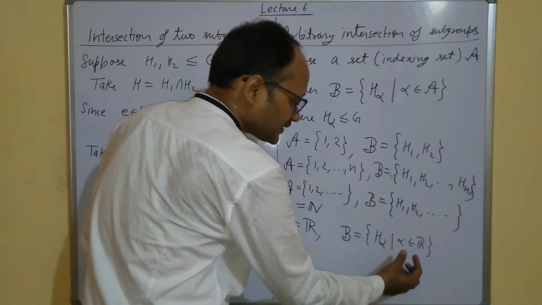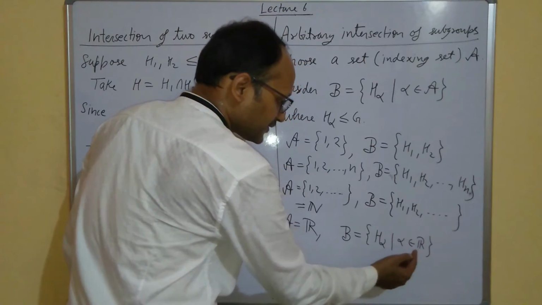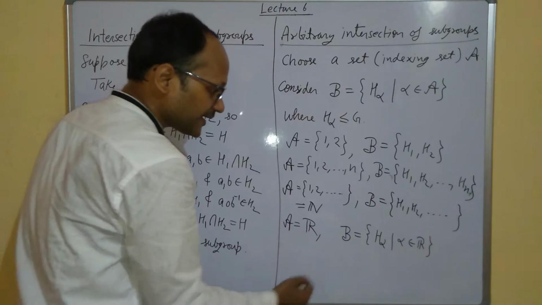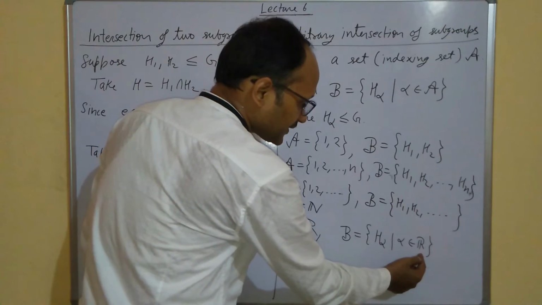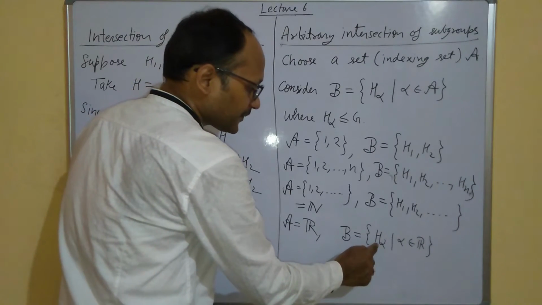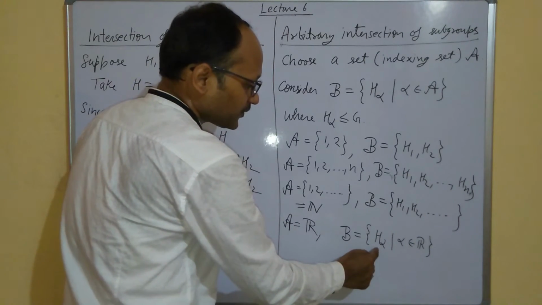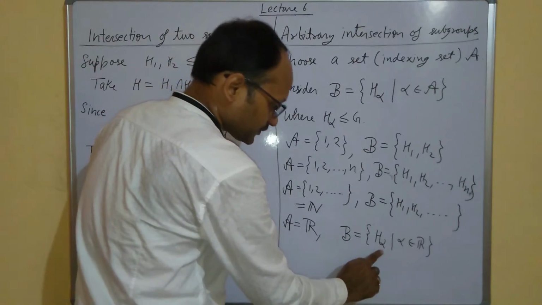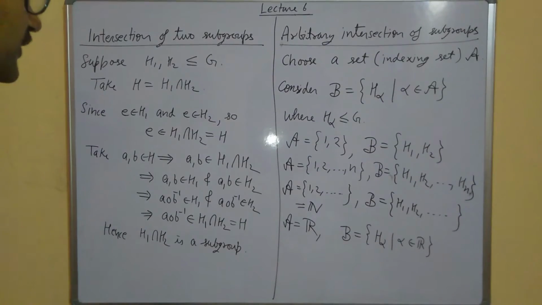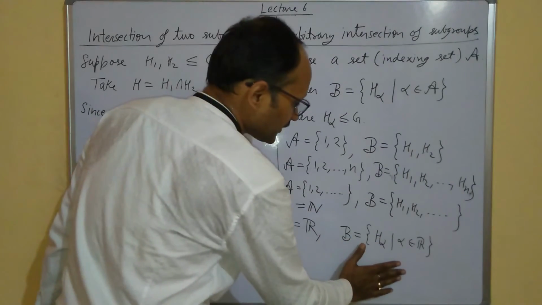So what we have done is that we have associated a set, that is an indexing set, such that for each element of this set we have a corresponding subgroup of some group. So this is just a way of writing.